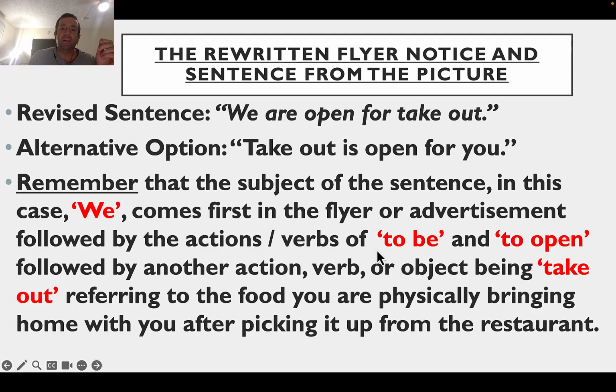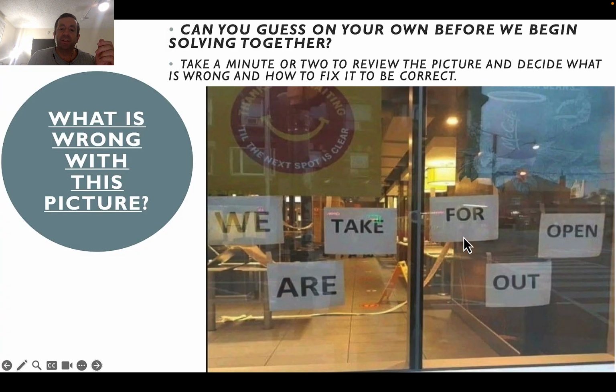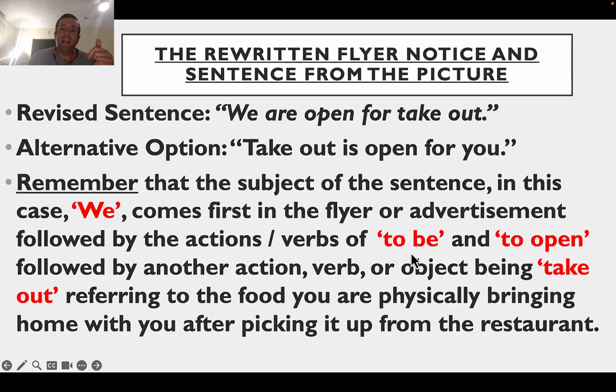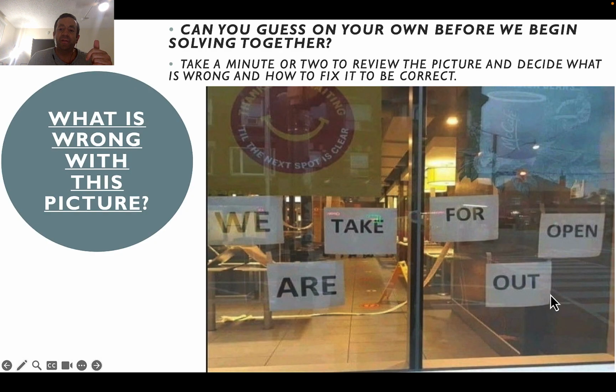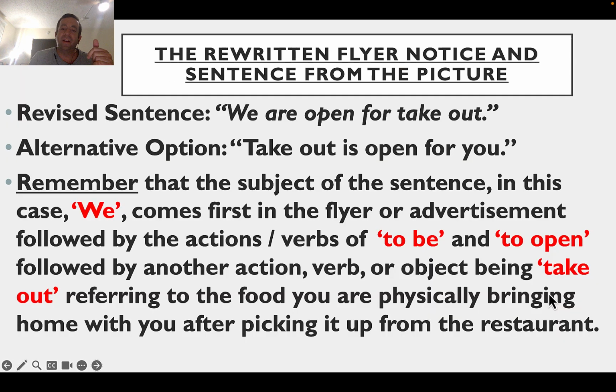So we are open, and then for is correct. That's technically correct. We are open. So we've just put the open in front of take, and then take is going to go from third to fifth. So we are open goes here. We are open for take, and then out is going to move to the end. We are open for take out.